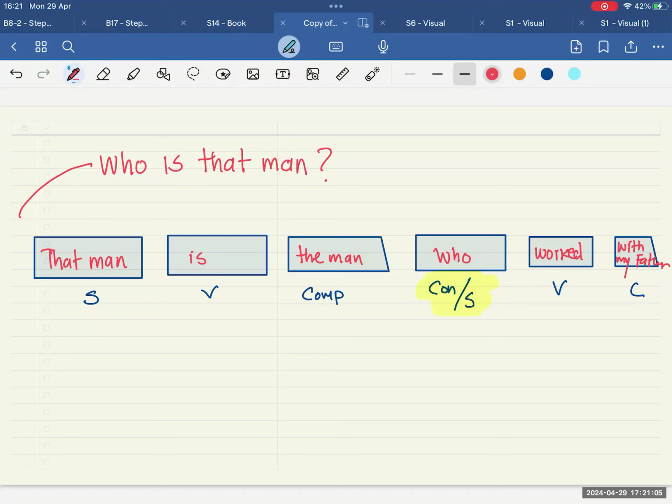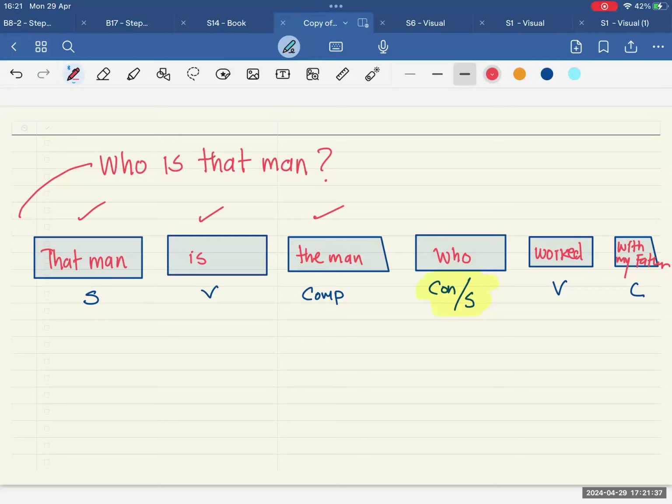¿Cómo se leería en español? That man is the man who worked with my father. Él es el hombre que trabajó con mi papá. Yes. Y sería, ese hombre es el hombre. You see the repetition there?